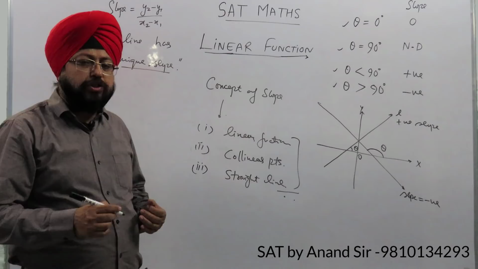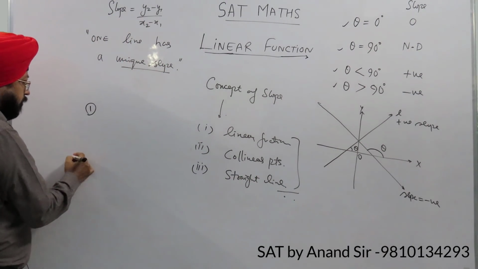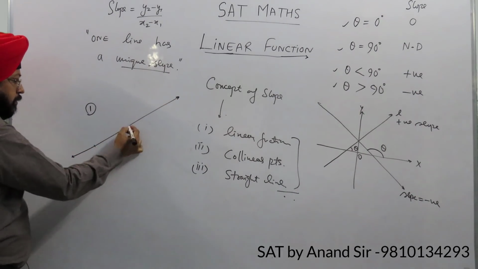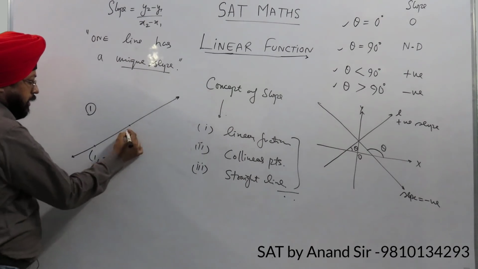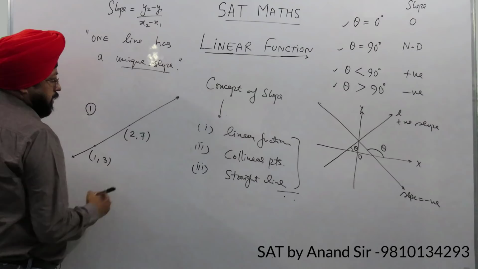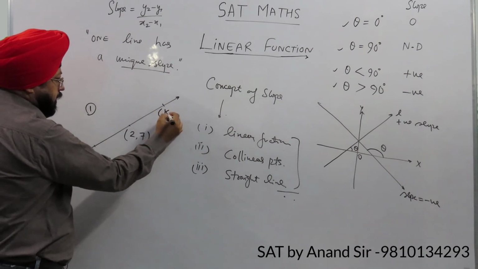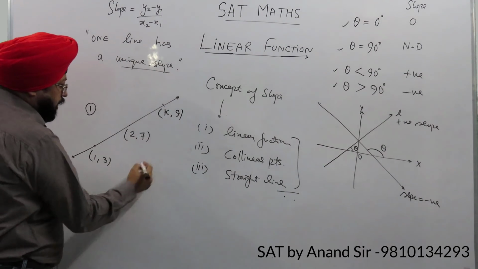Let me take a few questions on this. Number one: a line is given, 2 points, say (1, 3) and (2, 7) are given, and a third point is given which is (k, 9), and you are asked to find the value of k.